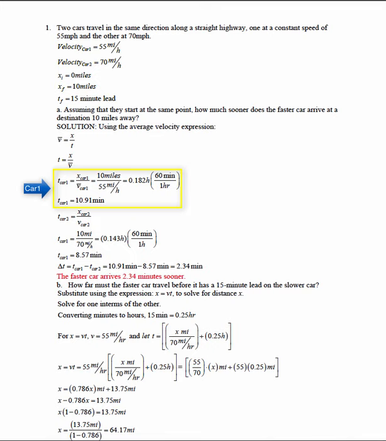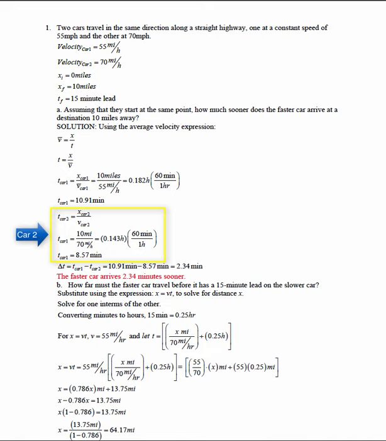Now let's do the same thing for car 2. Again, we use the same expression, x divided by v. We've got the distance of 10 miles and an average velocity for car 2 of 70 miles per hour.